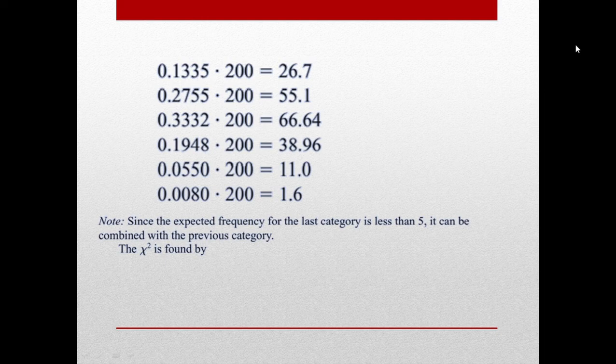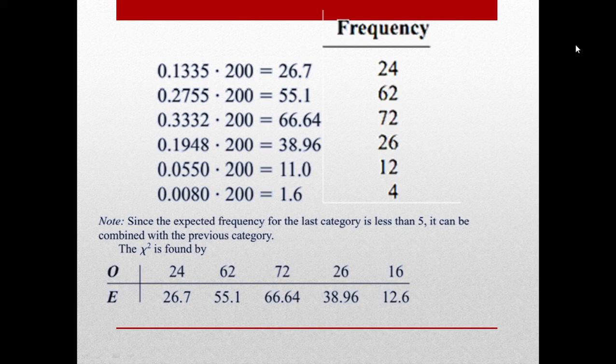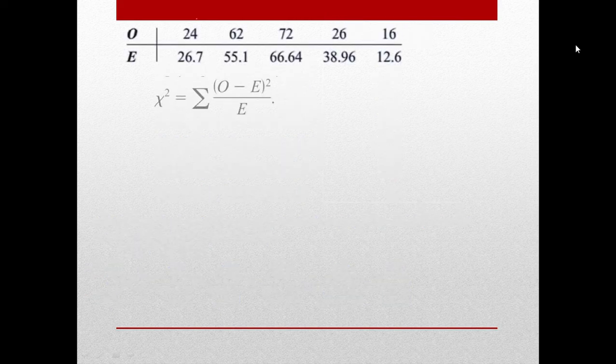with the previous category. So the chi-squared is found by, so we have here the observed value and the expected value. Now, use the formula for chi-squared, which is equal to the summation of observed value minus expected value raised to 2 all over expected value.